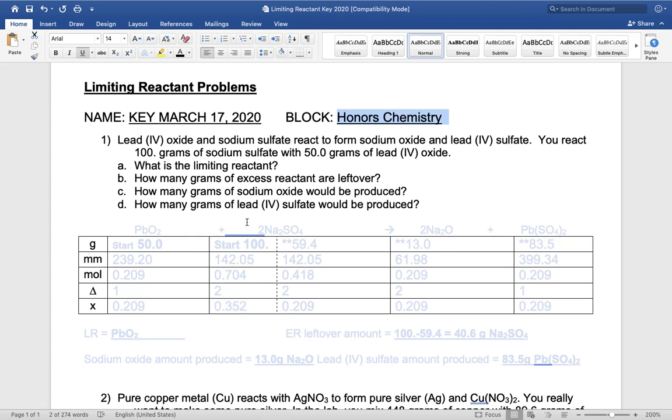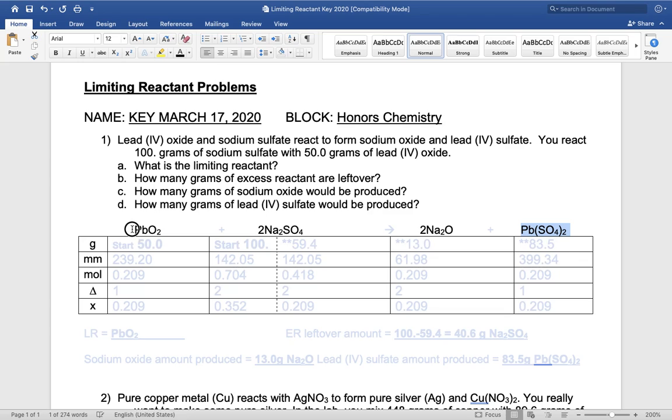Lead 4 oxide. One of the critical things is that I get the correct chemical equation balanced. So lead 4 oxide ends up being PbO2. It reacts with sodium sulfate, which is Na2SO4, to produce sodium oxide, which is Na2O, and lead 4 sulfate.